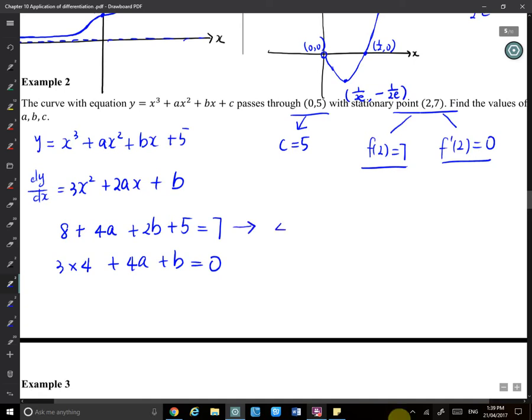What I have is 4a plus 2b equals 2, since 7 minus 5 is 2, and 2 minus 8 is negative 6. Hold on, that gives 4a plus 2b equals negative 6. And the other one gives me 4a plus b equals negative 12.